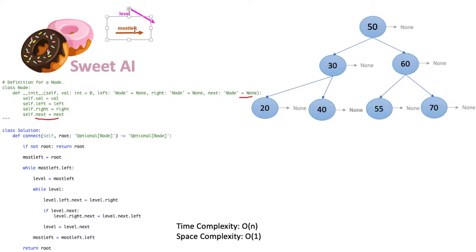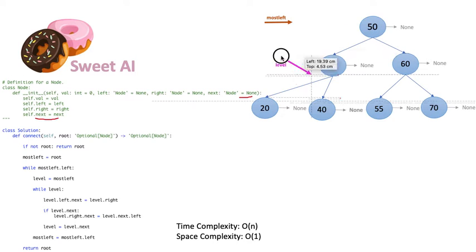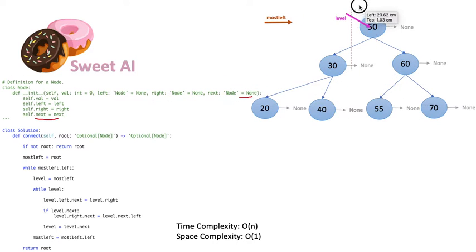One pointer, which is the most left one, is pointing at levels, and the reason it's called most left is because we start from the most left node, and that's all we care about for this pointer. We just need to traverse through each level, and the level pointer is going to point at every single node in the perfect binary tree.